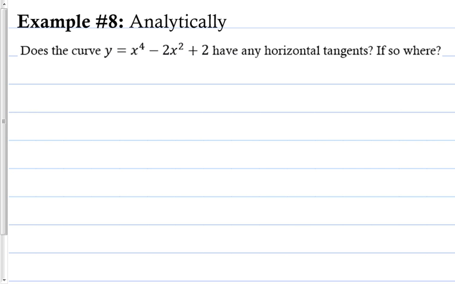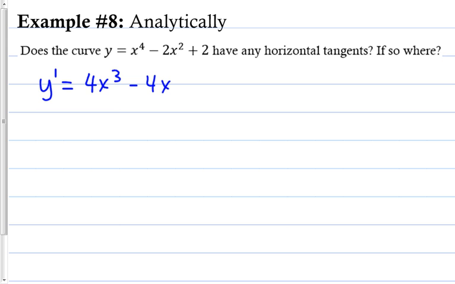Next. Number 8. Here it's asking, does the curve y, blah, blah, blah, blah, have any horizontal tangents? If so, where? Okay, so the simplest way to figure out, are there any horizontal tangents, is to take the equation, derive it. So 4x cubed minus 4x.